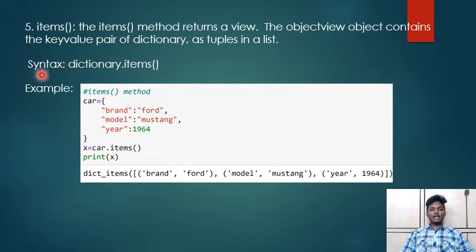The syntax for items is dictionary dot items. For the example, we give the same inputs as before, and we give the command x equals car dot items and print x. We get the output as dict items, with brand Ford, model Mustang, and year 1964 in single quotations.